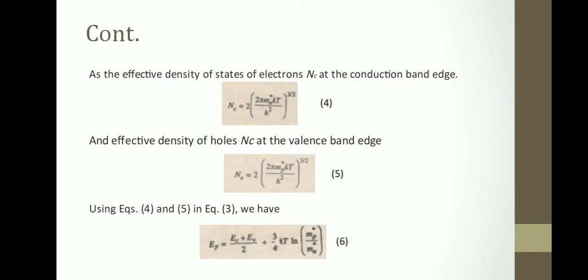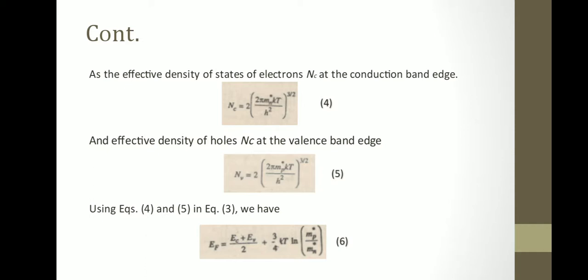The effective density of states of electrons Nc at the conduction band edge is Nc equal to 2 into (2 pi mn steric kT by h square) raised to power 3 by 2.